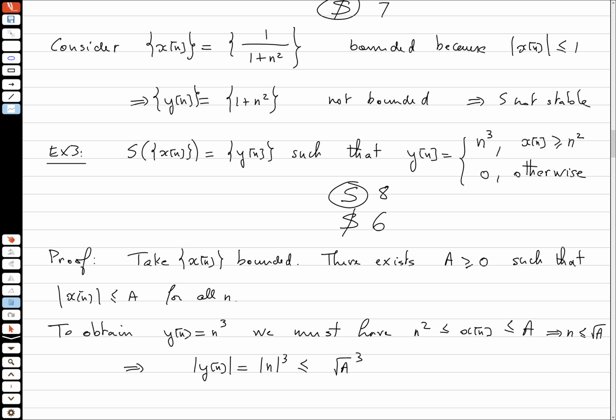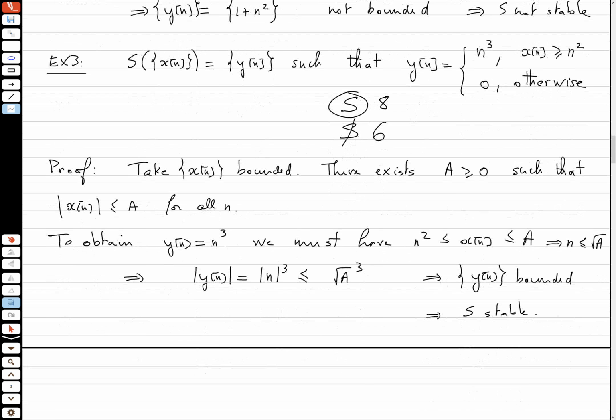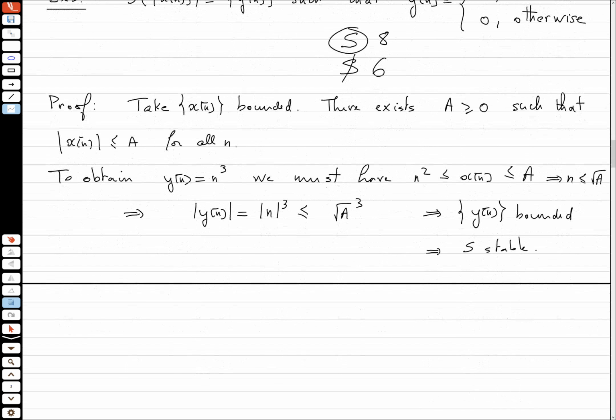So either y of n is equal to this, so it has to be less than this, or it is 0. So y of n is bounded. So S is stable. Okay, you see that stability is the hardest.